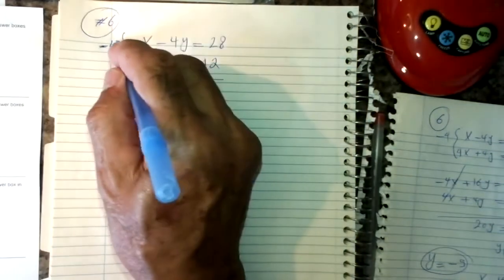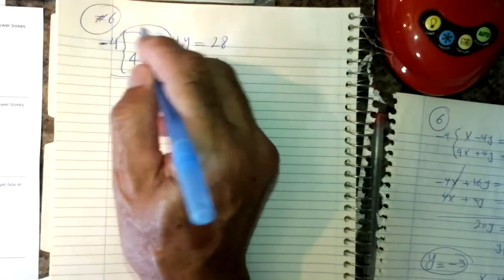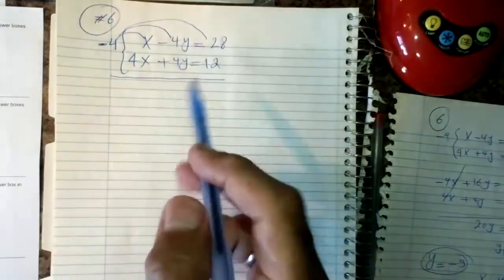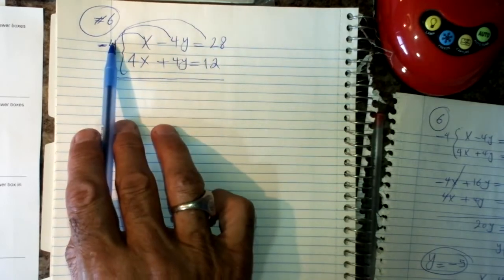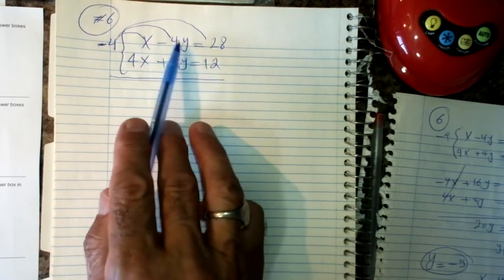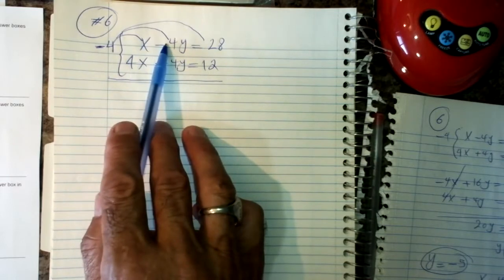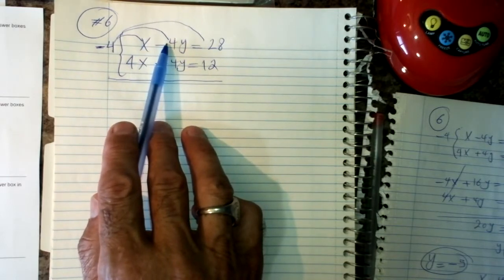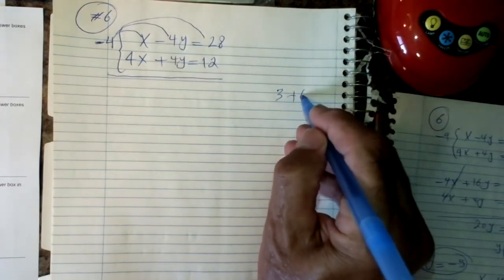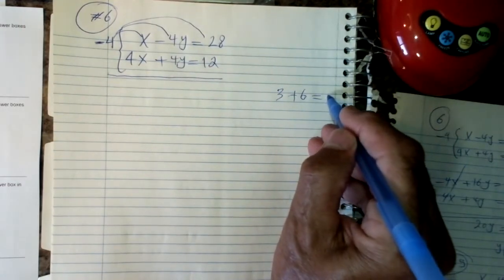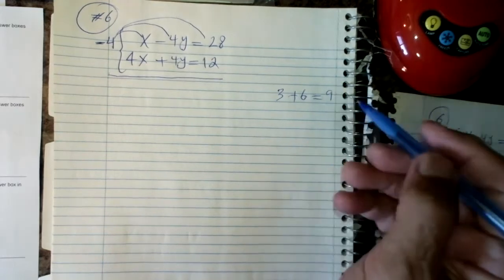Now, when you distribute, remember, you should multiply by every term, even the one that you have on the right side. So don't forget that. You bring a minus 4 and distribute and multiply by all 3 of them, not just by these 2. It's like if I have here 3 plus 6 is equal to 9.